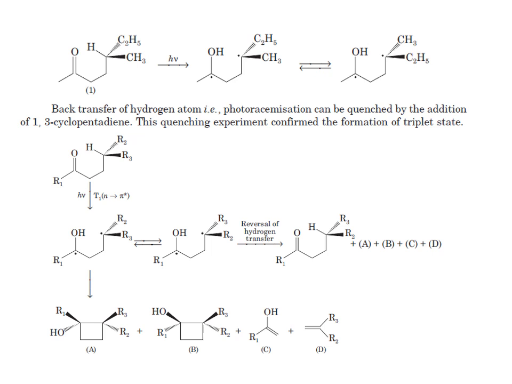So the participation of a 1,4 diradical intermediate in the Norrish Type II reaction has been confirmed by trapping experiments and spectroscopic techniques. The formation of this 1,4 diradical has also been proven chemically, and photoracemization of a ketone with a gamma chiral carbon atom and loss of chirality in the product was observed.